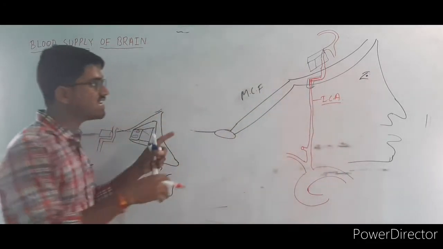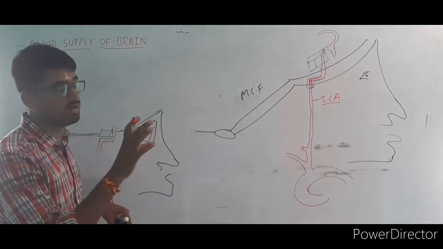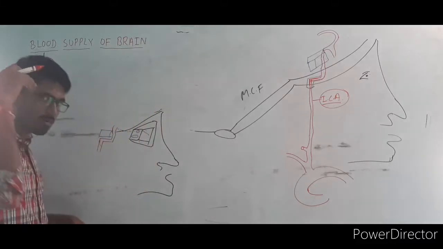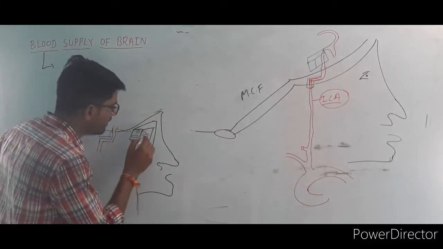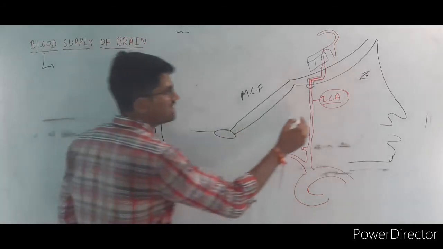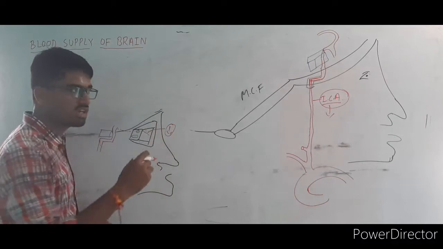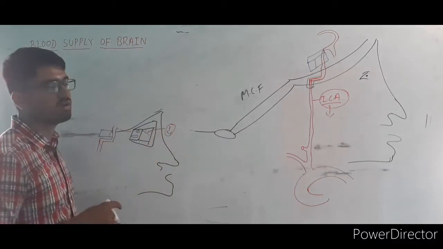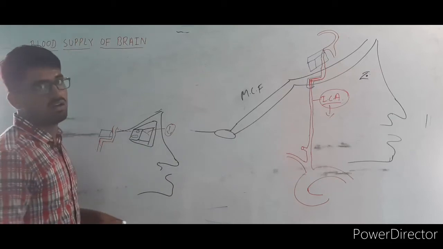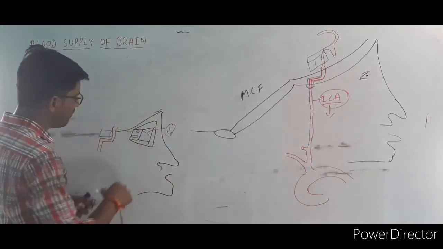Whenever there is poor perfusion in the internal carotid artery, and there is not an adequate amount of blood, the blood supply to the retinal artery will be decreased. So blurring will be there. The patient will complain of blurring, due to the poor blood supply.